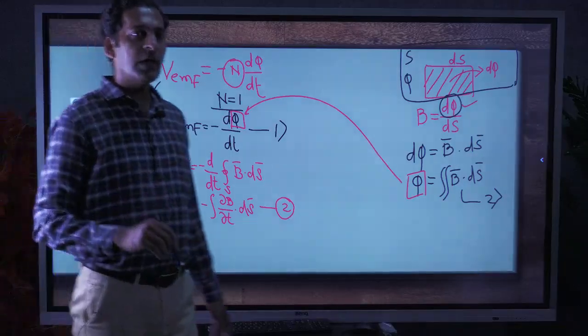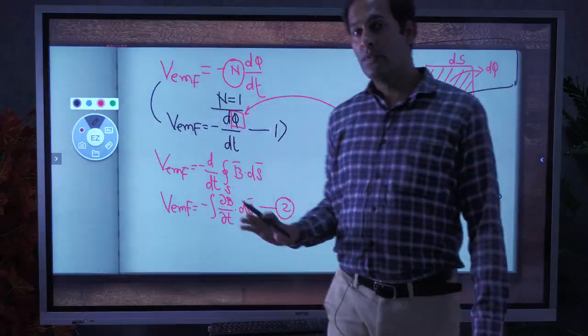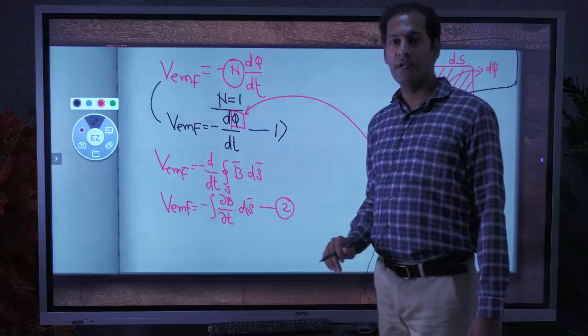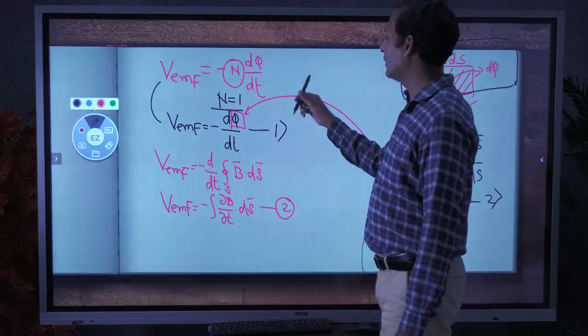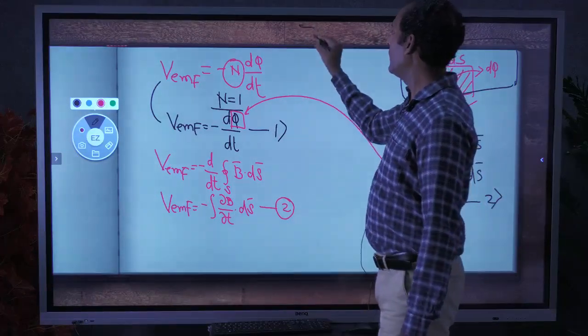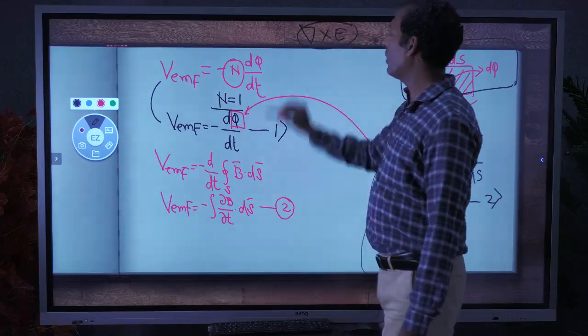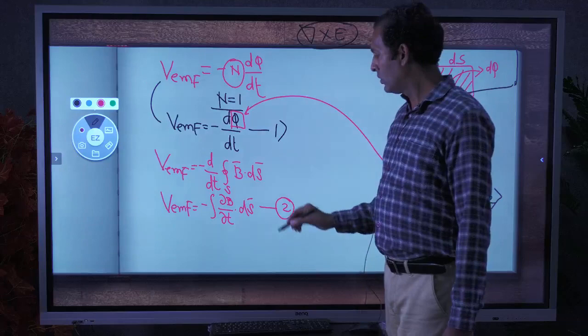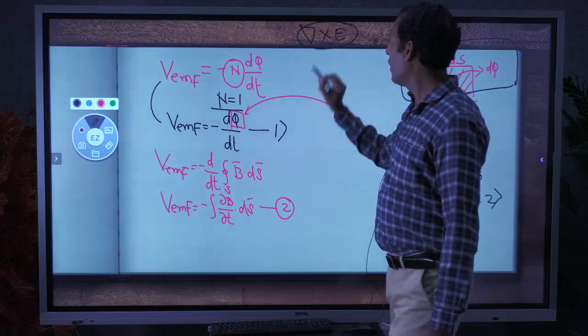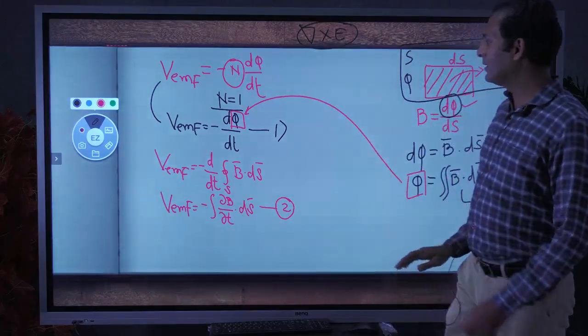Now this is the expression of voltage. We want to relate it with electric field intensity. What is our ultimate task? Our ultimate task is to find out del cross E, that is curl of electric field intensity. So for that we have to somehow bring the electric field intensity term.